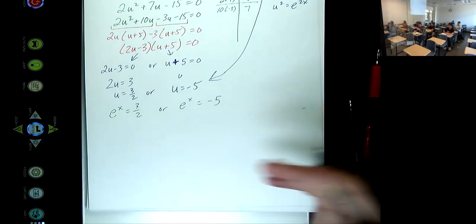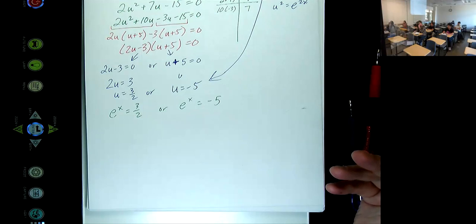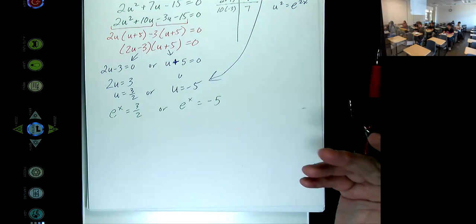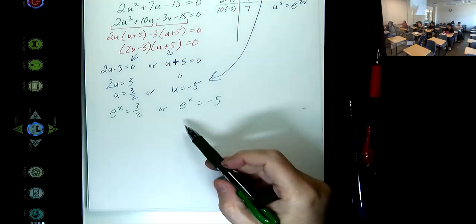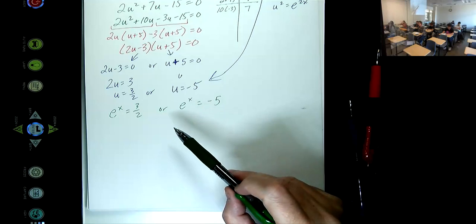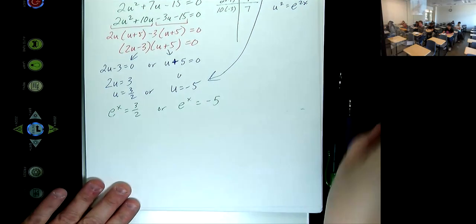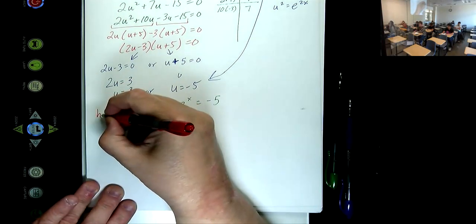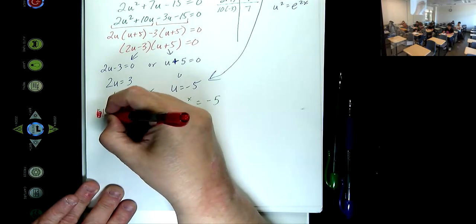All right. I still don't have x. How do I get x? Now we do the natural log. So we'll take the natural log of both sides.